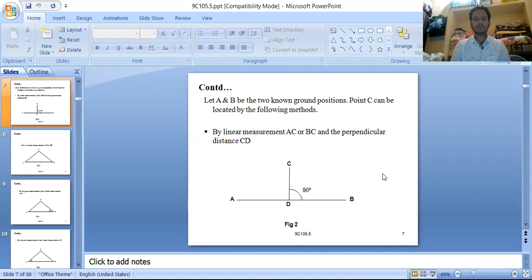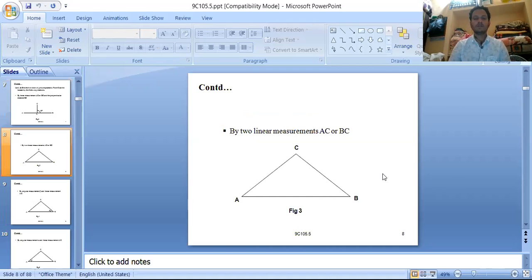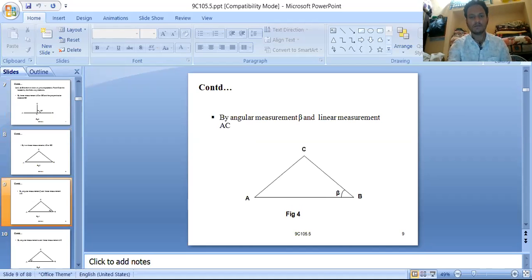So by direct linear measurement AC or BC and the perpendicular distance CD, we can establish a new point C. Or we have another type of establishing a new point C. Here by two linear measurements AC or BC, directly measuring from A and B. And the third type to establish point C is by angular measurement from B and a linear measurement from A, which indicates the distance AC and angle beta.